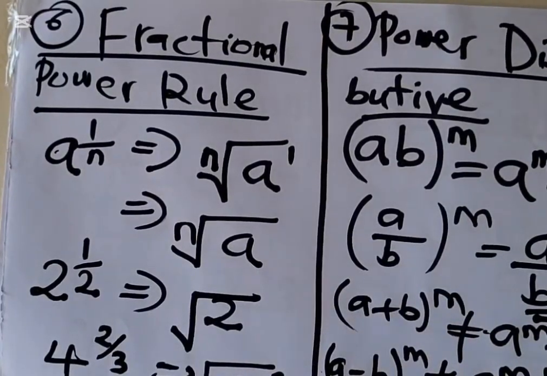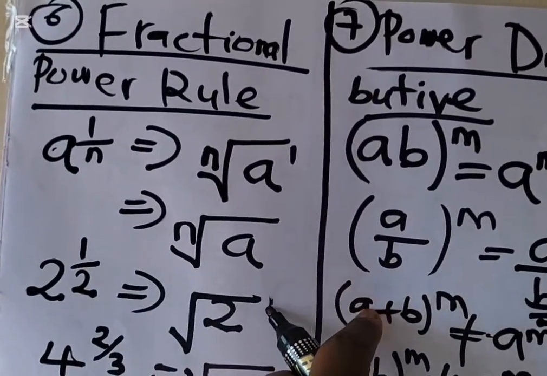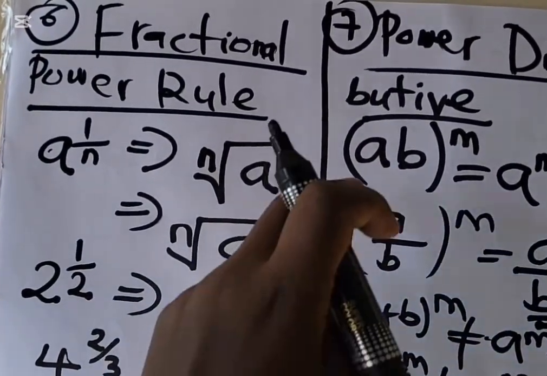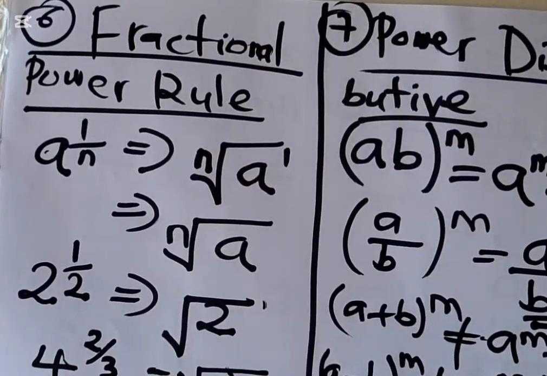This distributive rule only applies to multiplication and division alone.